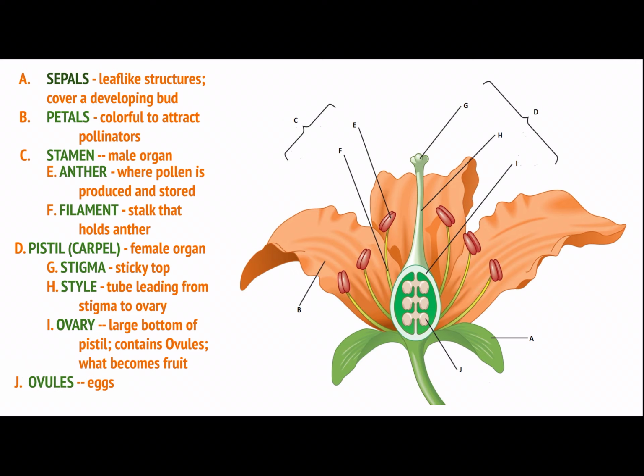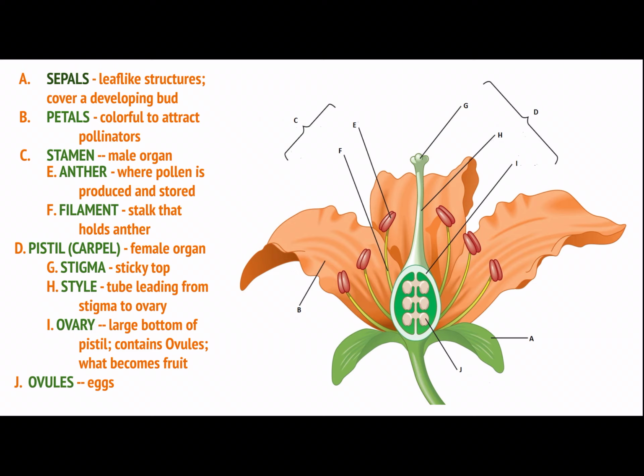And then, of course, you have the ovules, which are inside the ovary of the pistil. The ovules is just a fancy word for eggs, the eggs of the flower. So, of course, fertilization occurs when the pollen fertilizes the eggs. And we're going to talk a little bit about pollination.